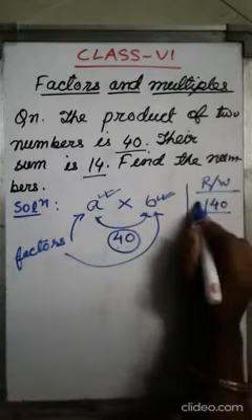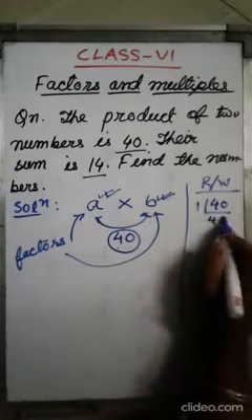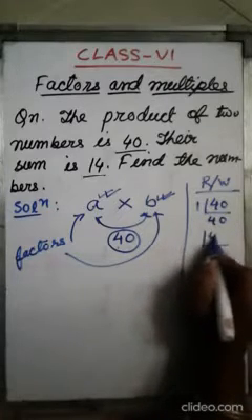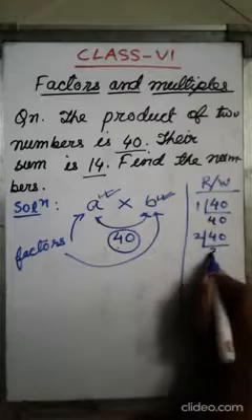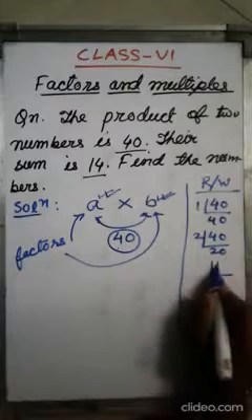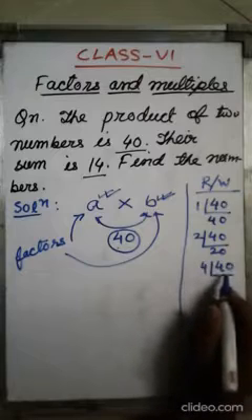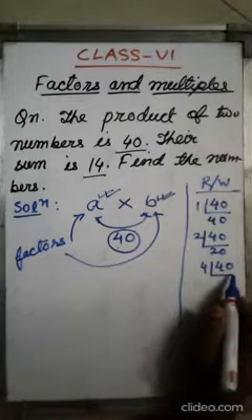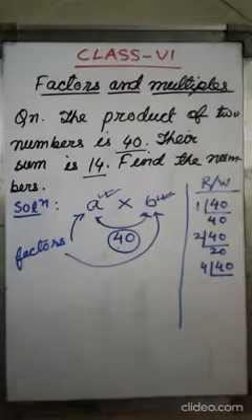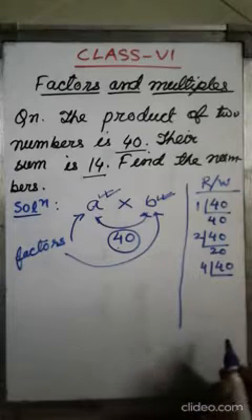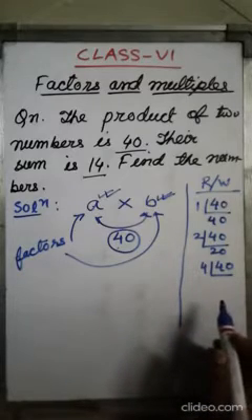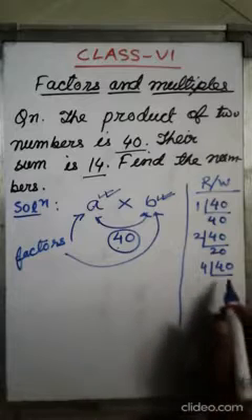40, if we divide by 1, it is 40. 40 if we divide by 2, it is 20. 40 if we divide by 4, we cannot divide by 3, because if we divide by 3 there will be remainder. For a number to be a factor, there should not be any remainder, it should be exactly divisible.